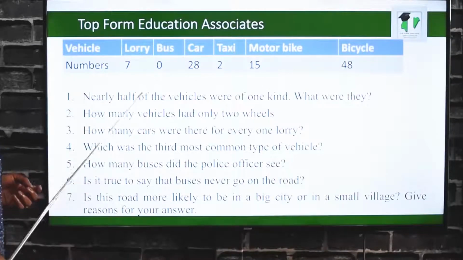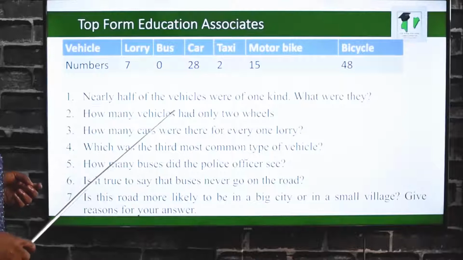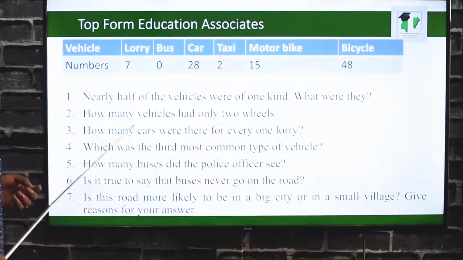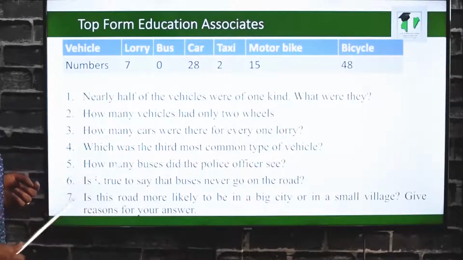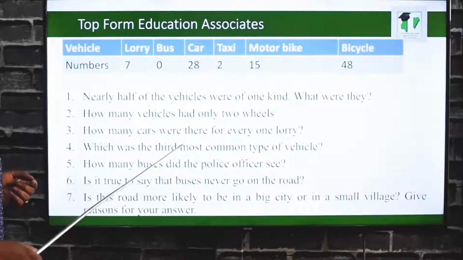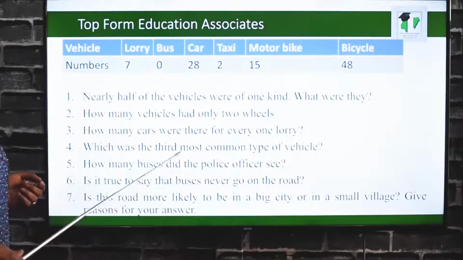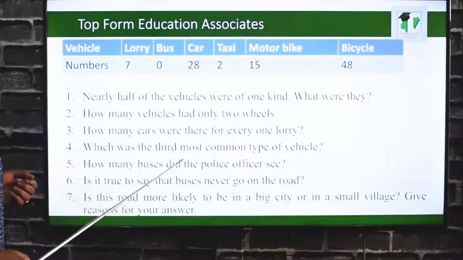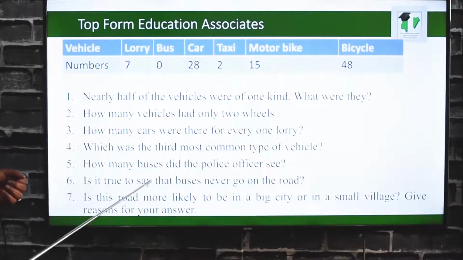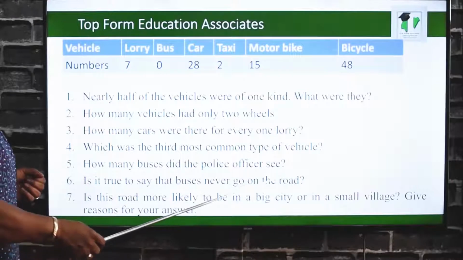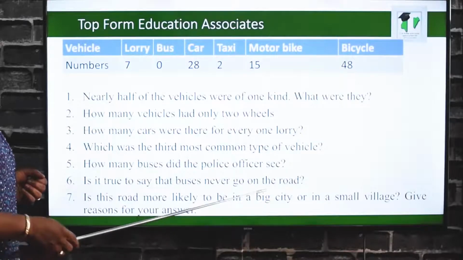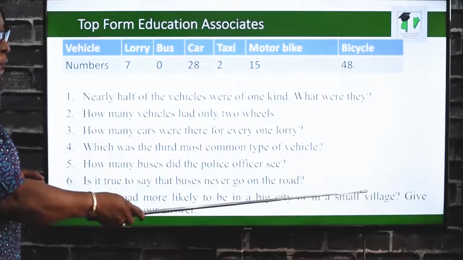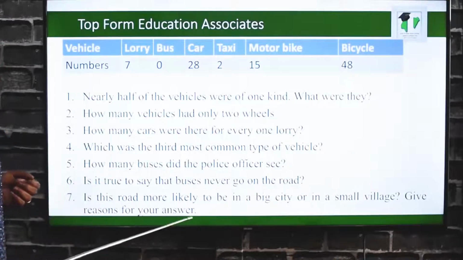What were they? 2, how many vehicles had only 2 wheels? 3, how many cars were there for every one lorry? 4, which was the third most common type of vehicle? 5, how many buses did the police officer see? 6, is it true to say that buses never go on the road? 7, is this road more likely to be in a big city or in a small village? Give reasons for your answer.